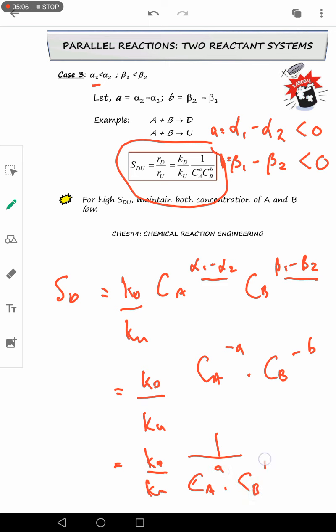So this one is A, this one is B. So meaning that in order for you to maintain high selectivity, you need to make sure both reactant A and B adalah as low as possible.